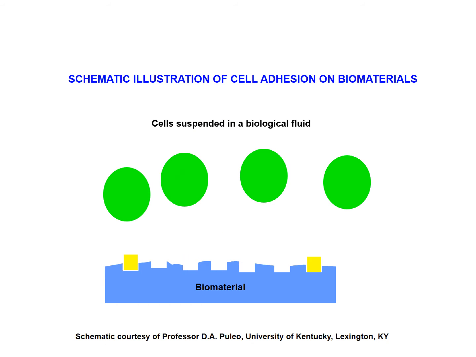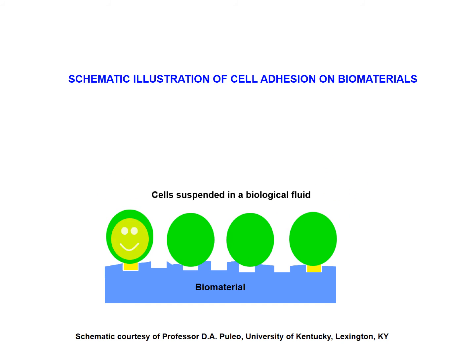Because this particular step dictates the subsequent interaction of cells. The cells which now interact with the adsorbed proteins survive and function, while the other cells who were not lucky enough to find an adsorbed protein on the biomaterial substrate are not going to survive.